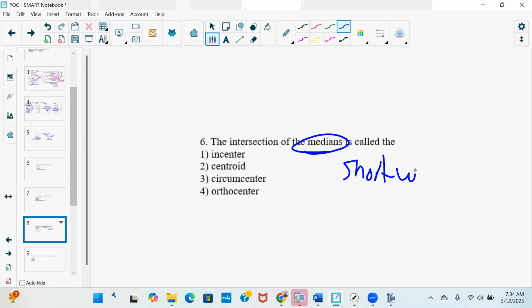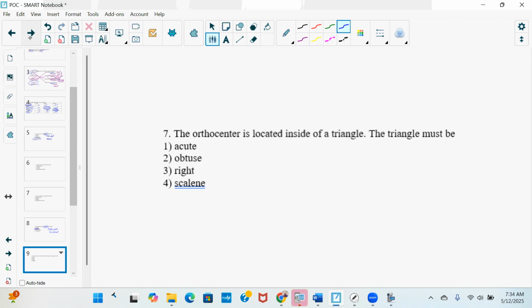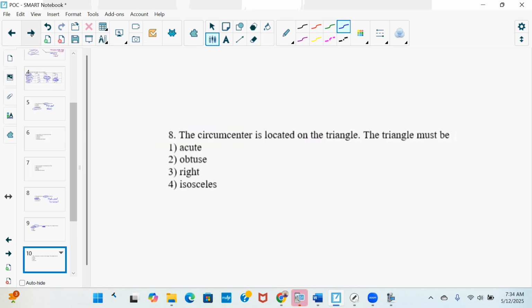It's got to start with a consonant. Centroid. And then the orthocenter is located inside for the right angle ones. It's inside for acute, on for right, outside for obtuse. If it's inside, it's got to be acute.